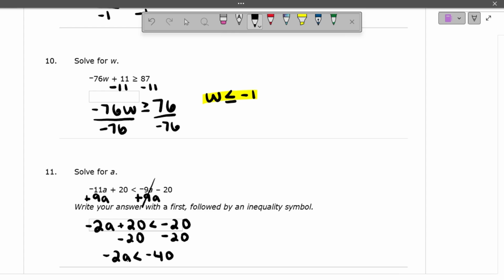But once again, it looks like we're going to have to divide by a negative to get a all by itself. And let me just rewrite this up here so that we have some more room. So I'm just rewriting what we already had, not changing anything about it. So negative 2a is less than negative 40. Dividing by a negative 2, we're going to have now a is greater than a positive 20.